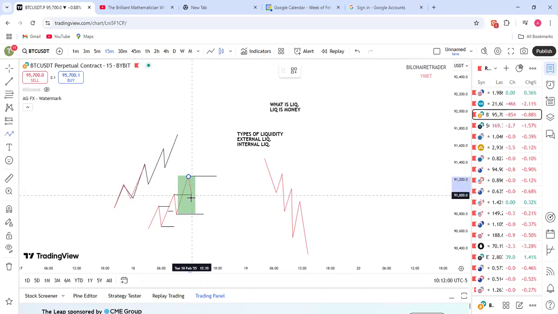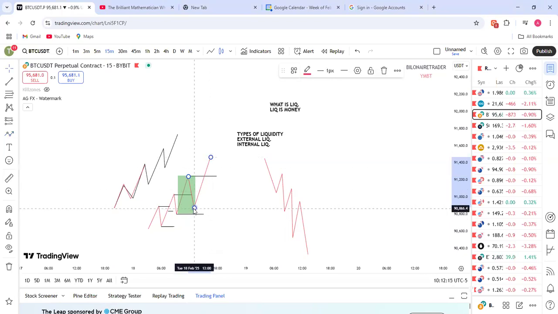And once market comes and takes that internal liquidity, which might sometimes be here, it might be here, it might be here, what it will do next is it will go for the new high. So when internal liquidity is taken, this previous high that we had becomes what?